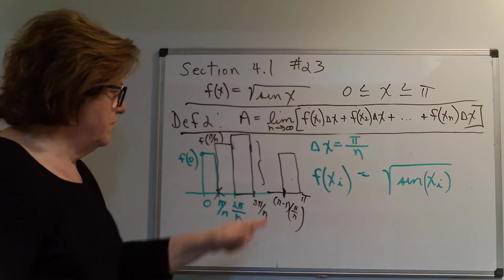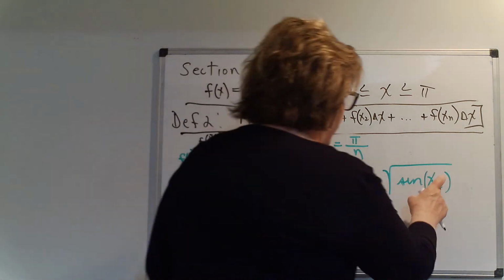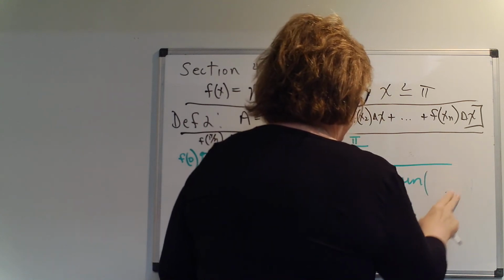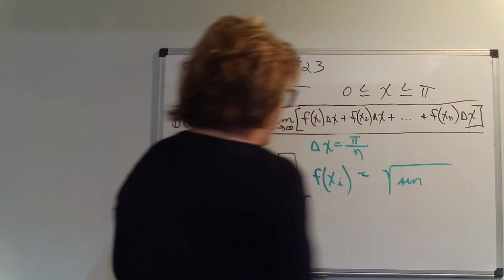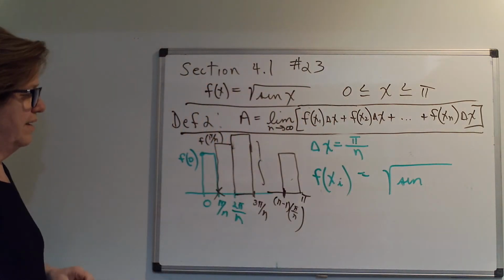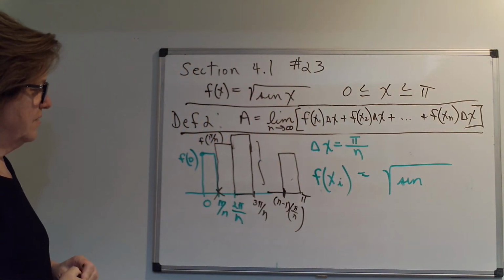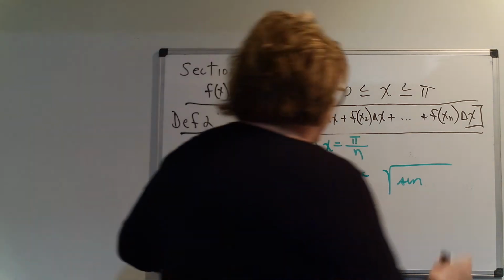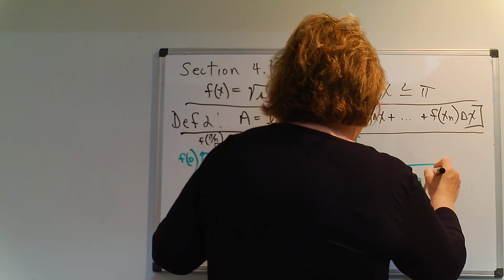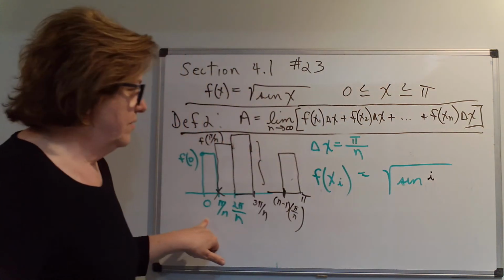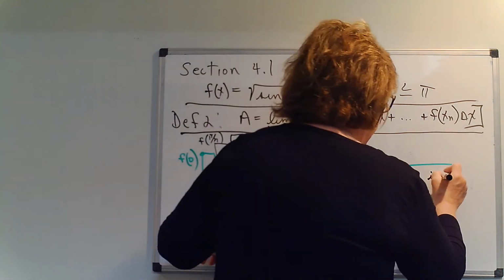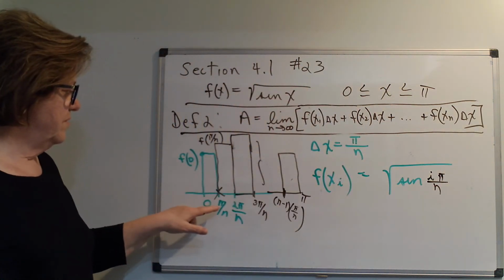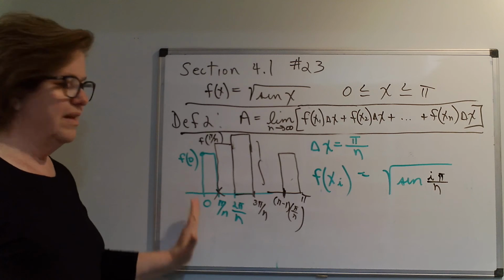So we've got to figure out how we can write that. Could it be I pi over n? Well, no, because we're starting at the left-hand side.